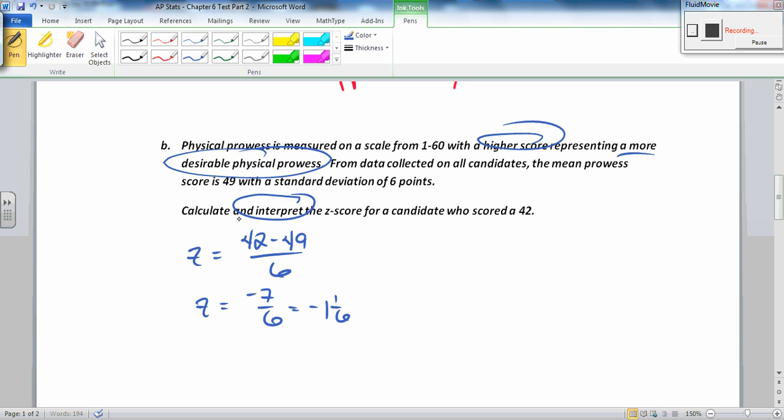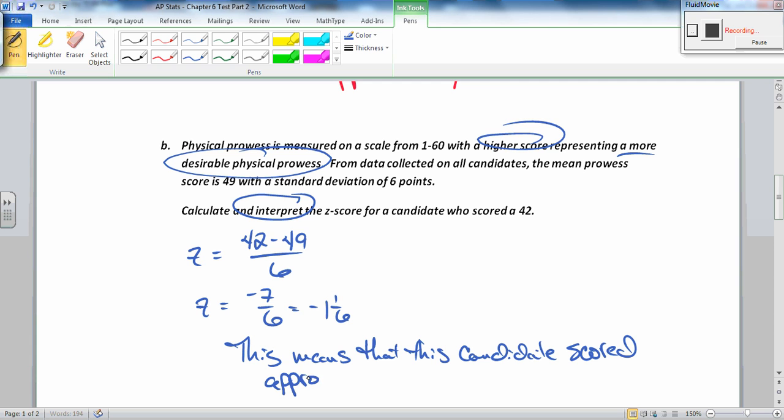So people are asking, well, then how do we interpret? Well, a z-score just simply means how many standard deviations above or below the mean a particular score is. So in this case, this means that this candidate scored approximately 1 standard deviation below the mean.